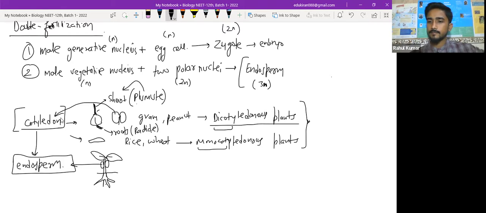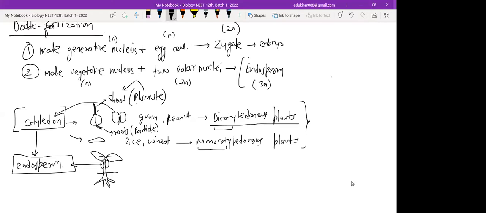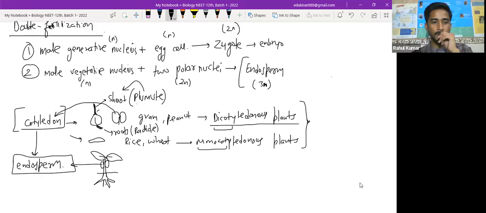Quick. You are not audible if you are speaking. I don't know. This is a common issue. Okay, we have Atif also. Atif, would you like to summarize the last part? What is the relationship between cotyledon and endosperm?